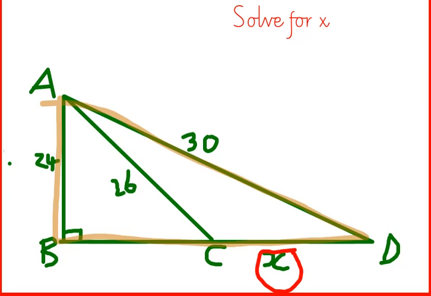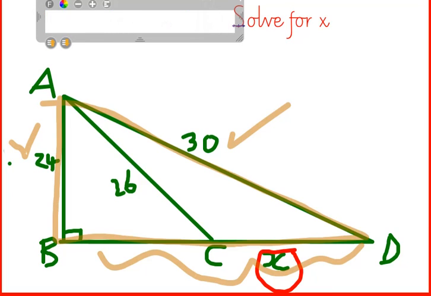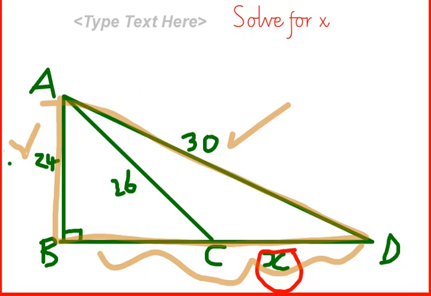So we can see that we already have that side. We already have that side. And so we can get that side, this whole side, using Pythagoras theorem. So let's do that right now. So that would be the hypotenuse in this case, because let's just show you how we get the hypotenuse.